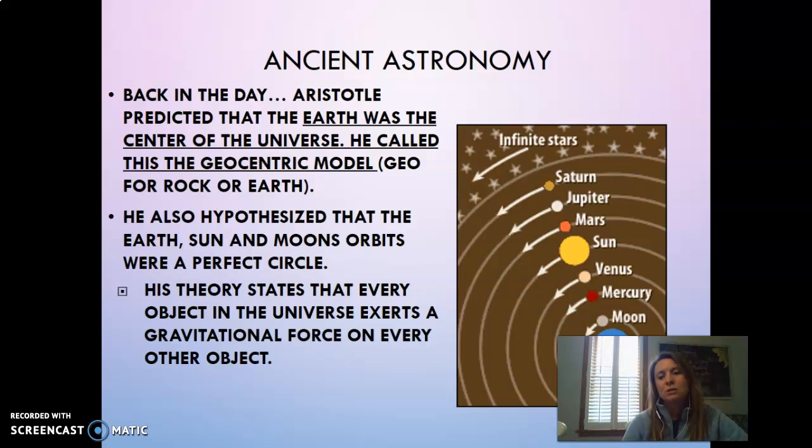What we're seeing is retrograde, meaning that we see it move in one direction and then it goes back the other way because it's moving around the sun faster than the earth is moving around the sun because its orbit is much smaller. So anyway, there were people that hypothesized about Aristotle and were like, well, this doesn't make complete sense.